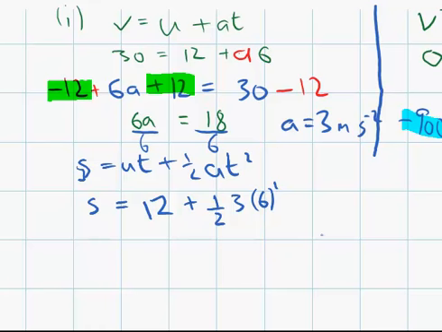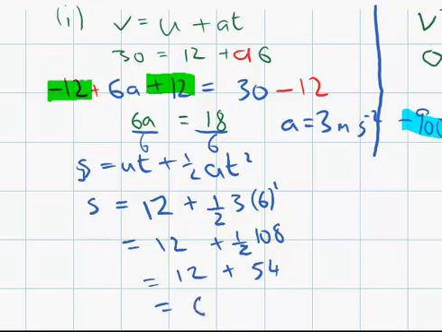So this is equal to 12 plus a half times 3 times 36. A half of 36 is 18, times 3 is 54. And so we have 12 plus 54, which is equal to 66 meters.